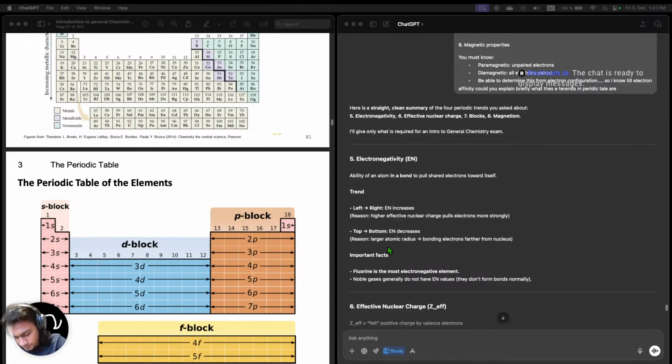Ability to pull electrons is a similar trait compared to electron affinity. EN increases from left to right, EN decreases from top to bottom.